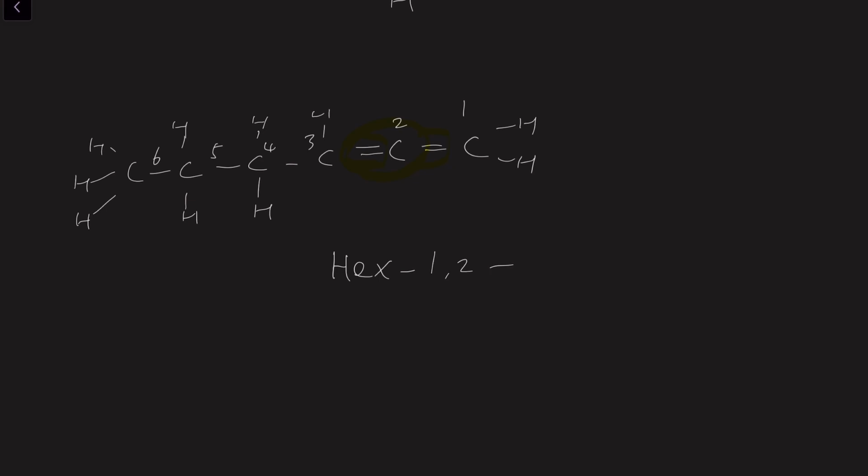Do I still call it ENE? This is not correct because we have 2 double bonds. So for 2 double bonds, we call it di-ene, so Di. If we have 1, we just call ENE. We have 2, it's called di something. 3 is tri something. 4 is called tetra, ENE, for example.